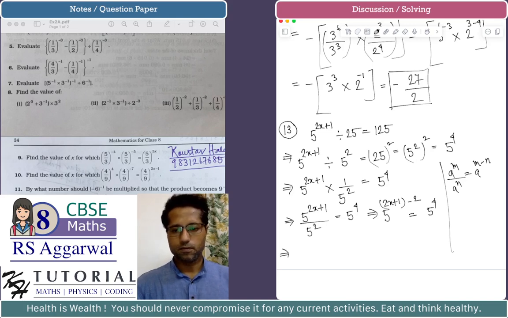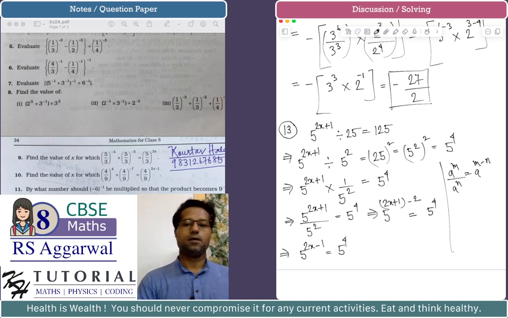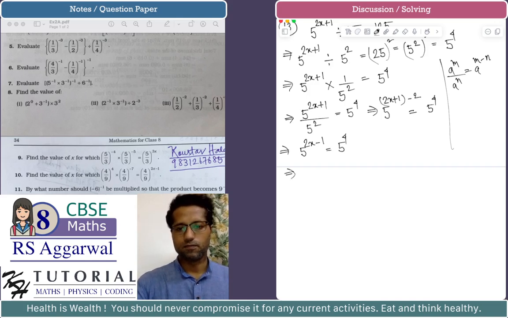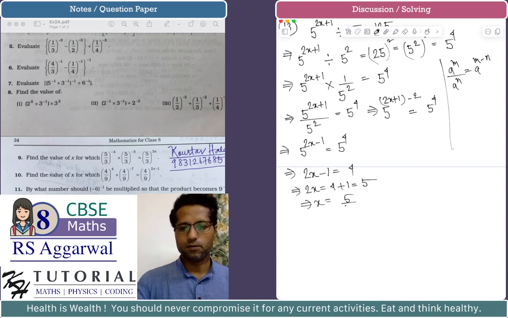This implies 5 raised to the power 2x minus 1 equals 5 raised to the power 4. So we see we have equality of two exponential terms where both have the same base, that is 5. So the power has to be the same. So we have 2x minus 1 equals 4. This implies 2x equals 4 plus 1 equals 5. This implies x equals 5 by 2.